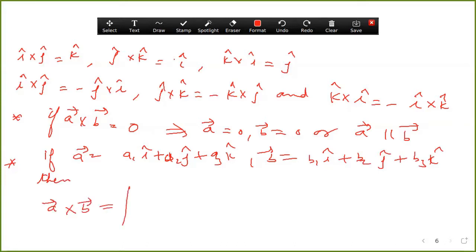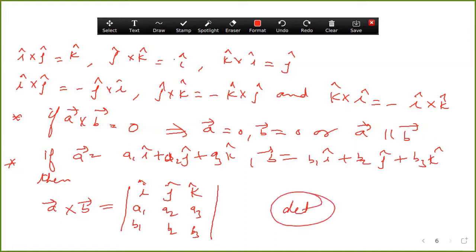I hope you know how to solve the determinant: i, j, k in the first row, the scalar quantities of the first vector A1, A2, A3, and of the second vector B1, B2, B3. Now you can solve it by using the determinant.